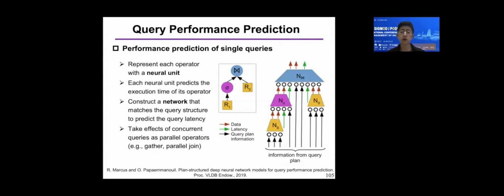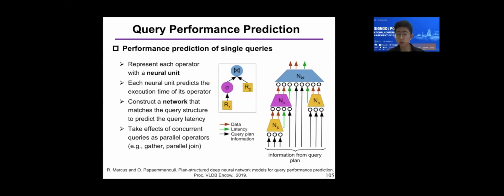The traditional prediction method only captures the logical SQL metrics and neglects many resource-related features, so it cannot get very accurate results. So Marcus first proposed a deep learning-based model to predict the query latency in concurrent scenarios, including the interactions between the child and parent operators and the parallel plans.